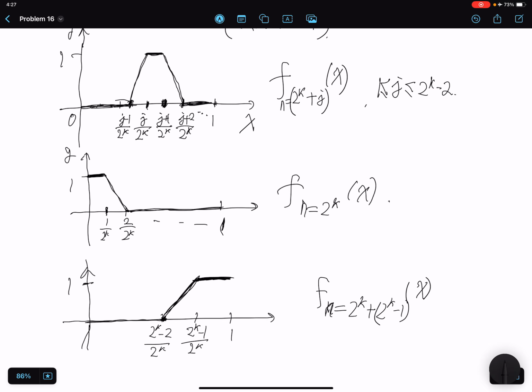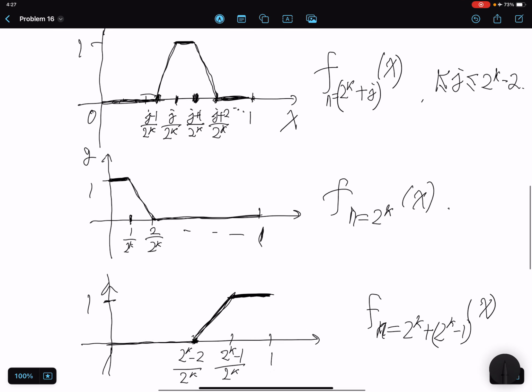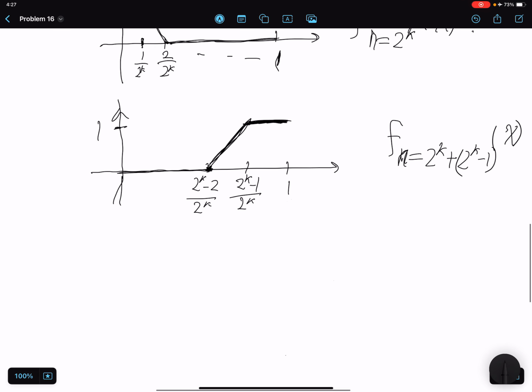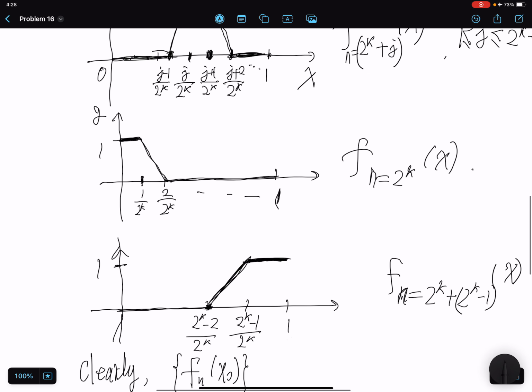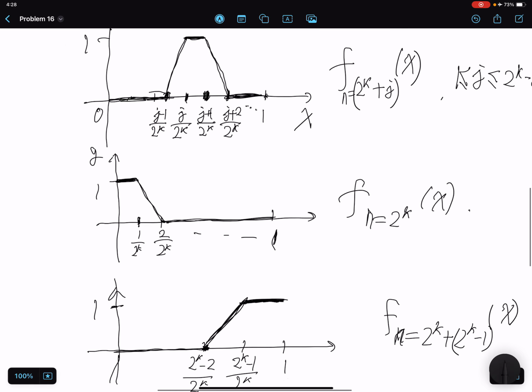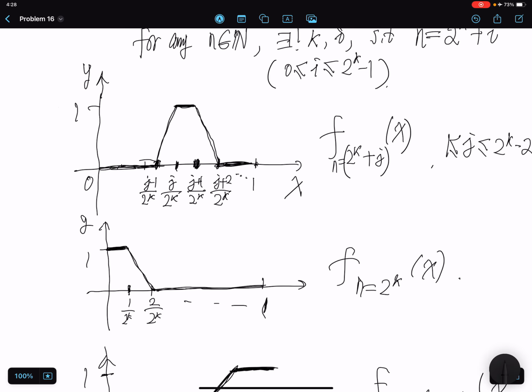If you look at f sub n like this, it is clear that for any fixed x sub 0, the x sub 0 for any k is in one of the intervals, and j varies from 0 to 2 to the k minus 1 as k increases.